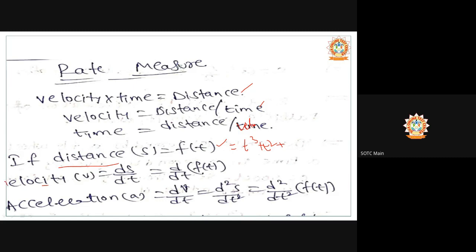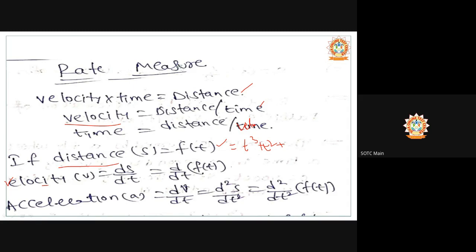From the distance you can easily find the velocity by taking the derivative of that distance, right? If you differentiate this distance with respect to time, that will be your velocity. Velocity is distance by time, so distance is your equation, and with respect to t you do a differentiation, given by ds by dt.